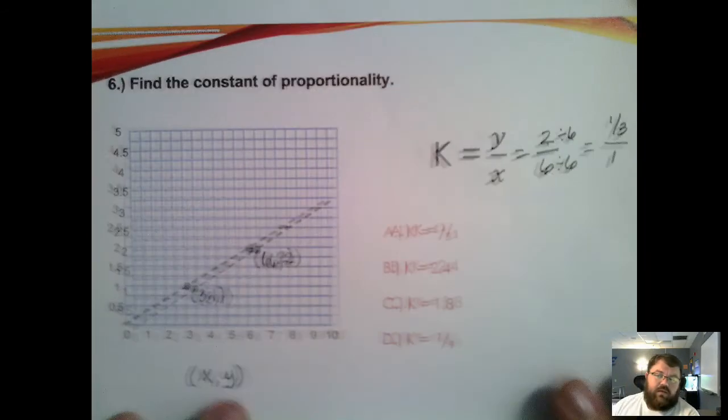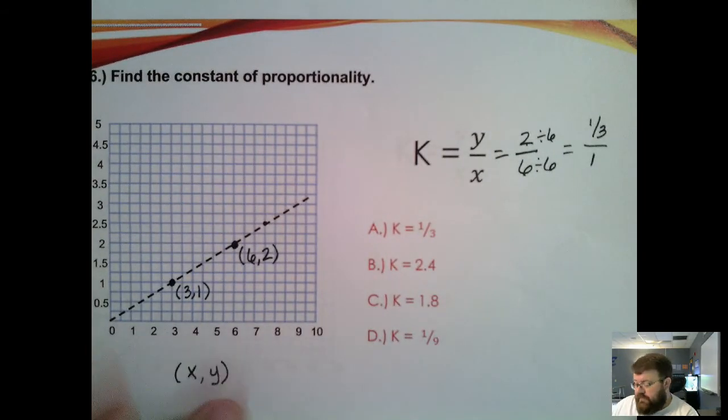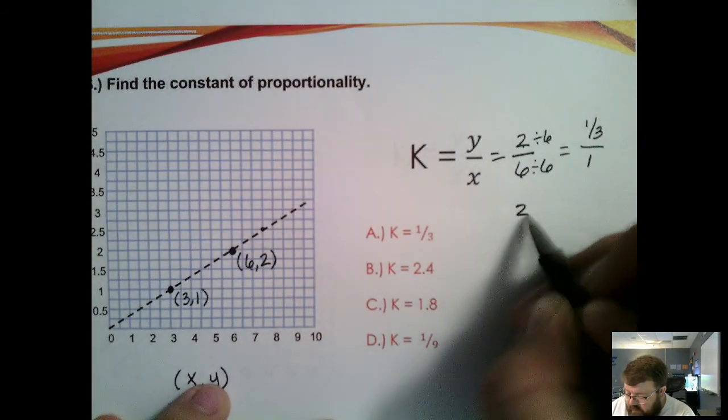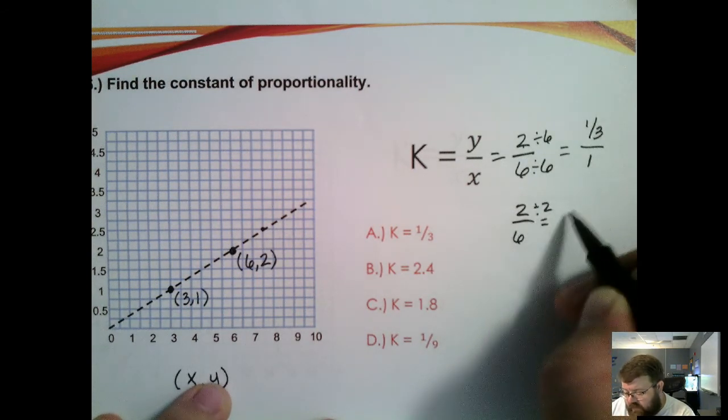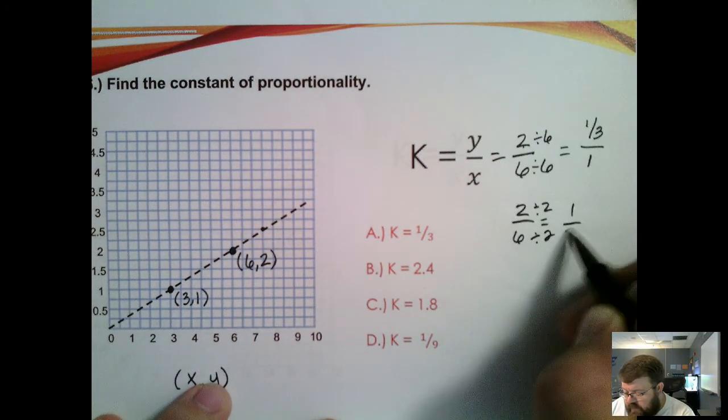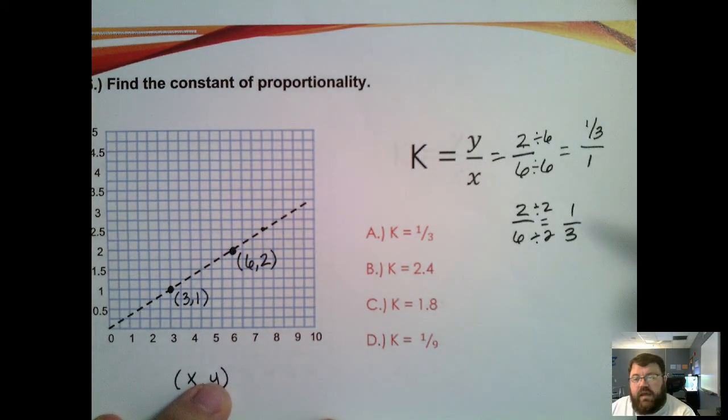Now, what you could have done is said 2 over 6, well, 2 will go into both of these, and got 1/3 this way. Either way is fine, okay?